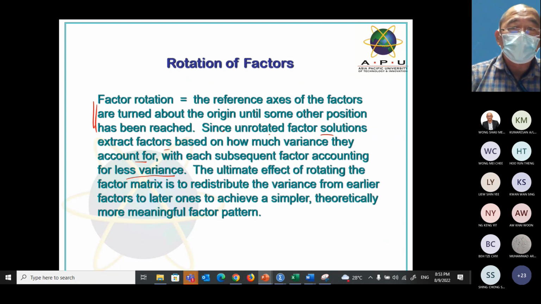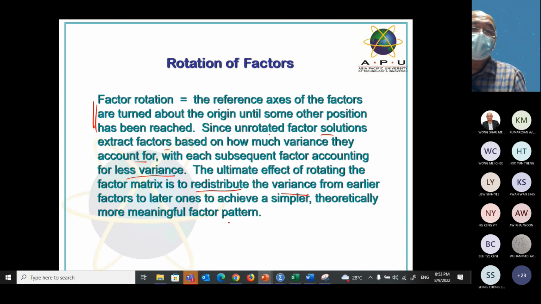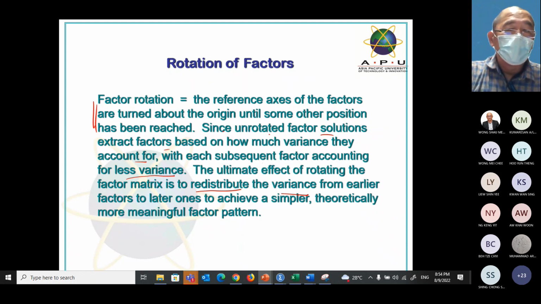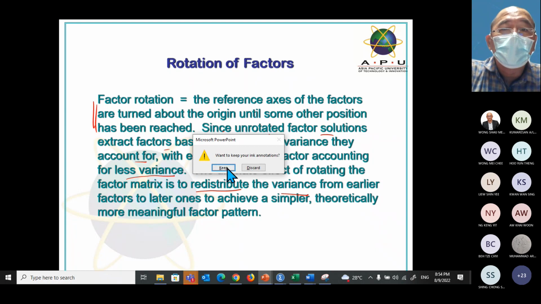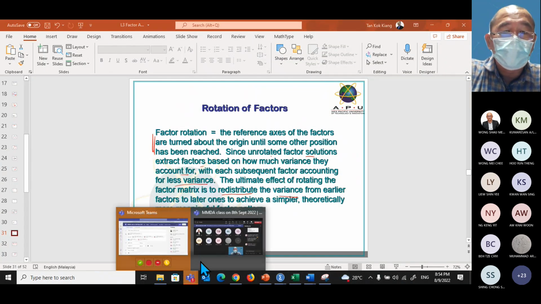So you can see the ultimate effect of rotating is that they redistribute the variance, the effect, from the earlier to the later ones, to achieve a simpler, theoretically more meaningful factor pattern. I think the formula may be too advanced for us. So you just know the idea and make sure you know how to do it.